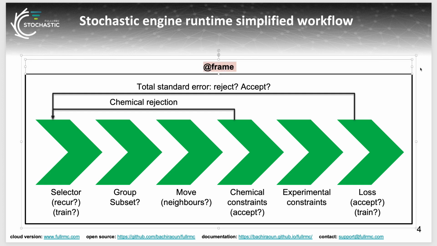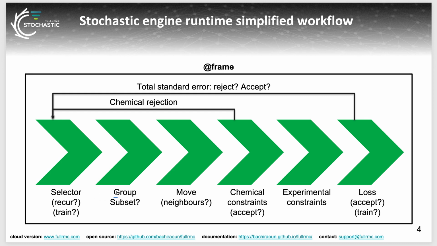We will talk about this later, but focus on the green arrows. At each and every step of a full RMC run, the selector will be invoked, something called the selector, we'll talk about it. And the selector can recur, and the selector can train itself using certain machine learning algorithms.